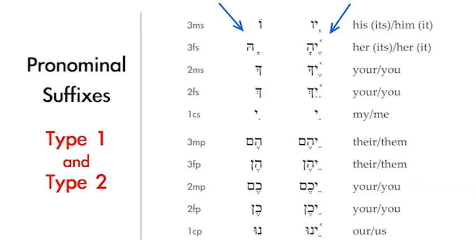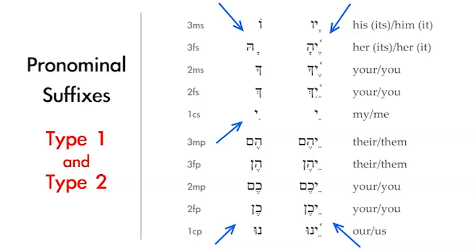There are numerous spelling similarities between the type 1 and the type 2 pronominal suffixes, but each of the type 2 pronominal suffixes in this right column begins with a yod. In the type 1 column on the left, you'll observe that only one pronominal suffix, the 1cs, has a yod in its spelling. This chart does not necessarily need to be memorized at this time, but you will need to become familiar with the forms of the pronominal suffixes and how they're attached to nouns, which is what we're going to consider now.